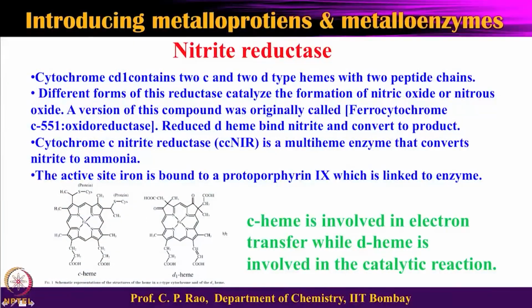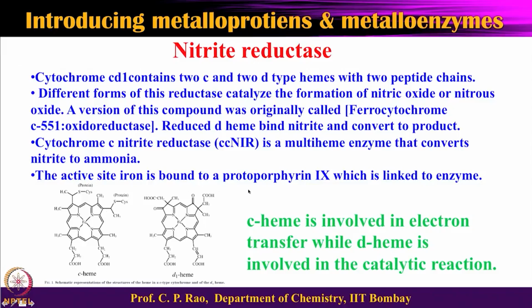As you can see below here, there are two types of heme, heme C and heme D. What is the difference? You can see that there is an oxidized part. That means some portion of the skeleton of the porphyrin is oxidized in this particular case, as you can see, non-oxidized and then oxidized. So, how will this differ?